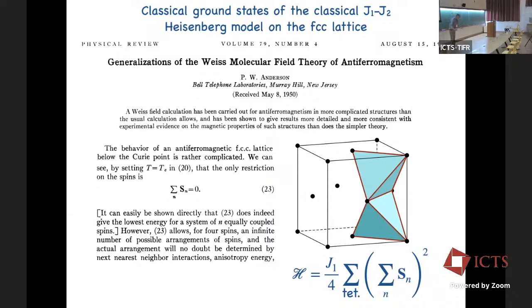So if we make this loop, this is a spin, and I can dance the lambada. All these configurations that I can play, they all satisfy that the sum of the spins on the tetrahedron equals 0.